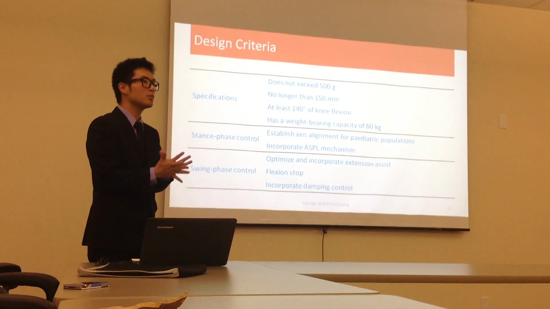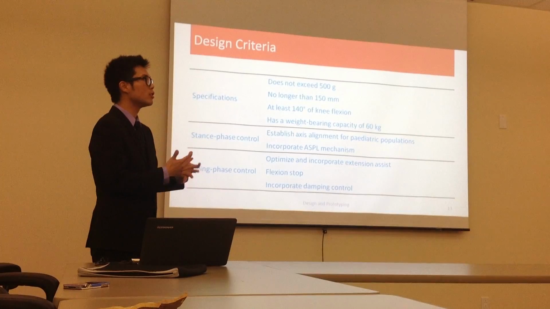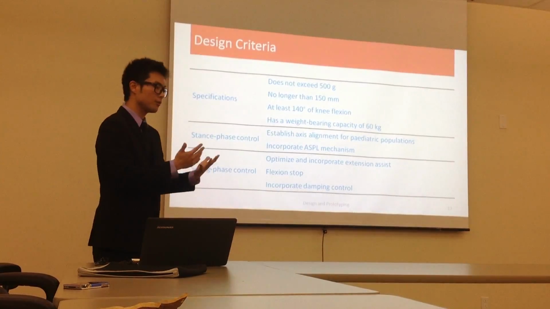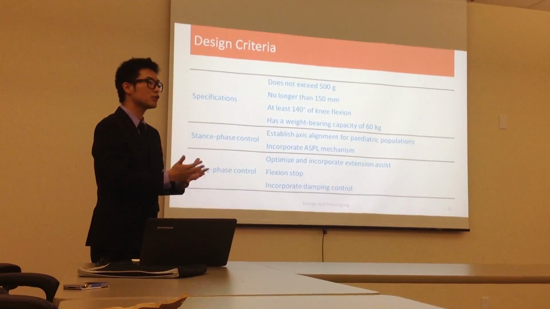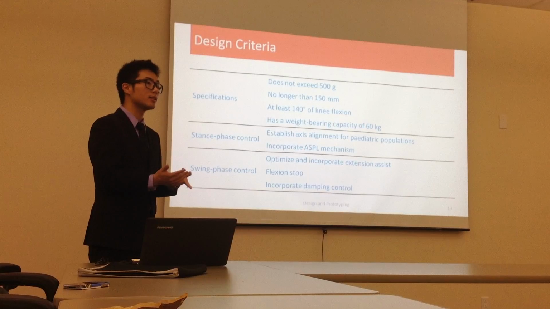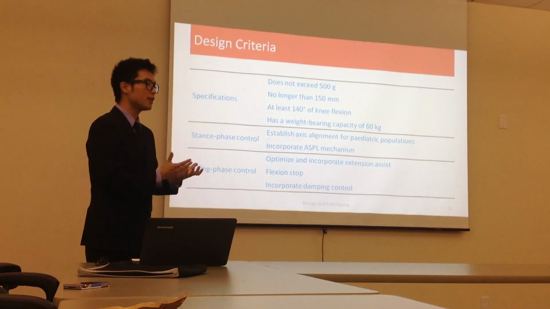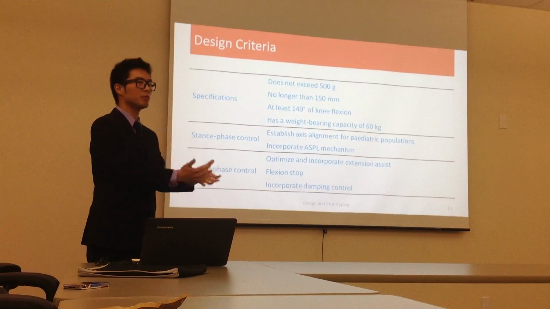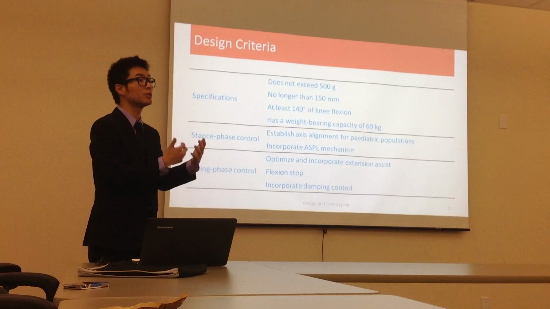This is because we're doing a pilot study, a pilot design, and we do not know what the constraints would be for implementing the automatic lock mechanism. There are too many uncertainties as to how we would be able to incorporate the extensions and things like that. In this study, we want to prove that this mechanism can be applied to the pediatric population and used to produce a knee.